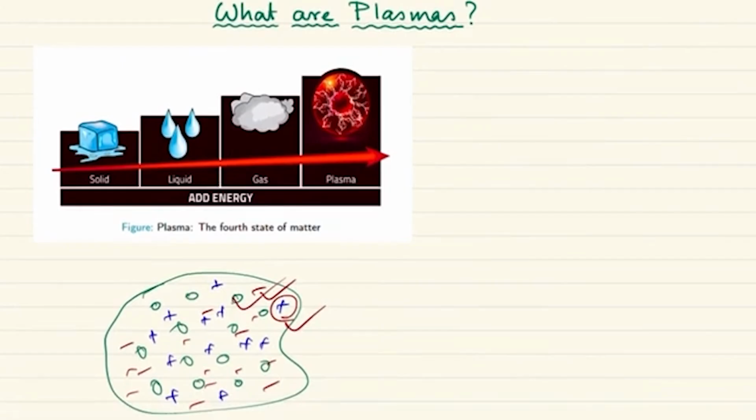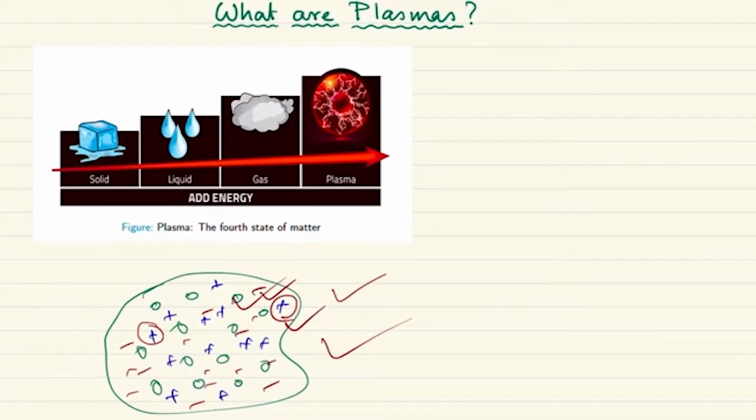This is the very common case of a plasma. There can be a bit more complicated plasma which can also contain more than one type of positive ion and more than one type of negative ion. So a general plasma can contain one or more types of positive ions, electrons, maybe some negative ions, and also do not forget that a plasma is almost never 100% ionized.